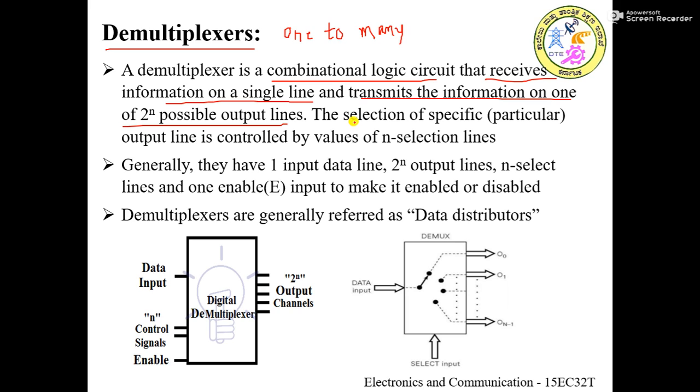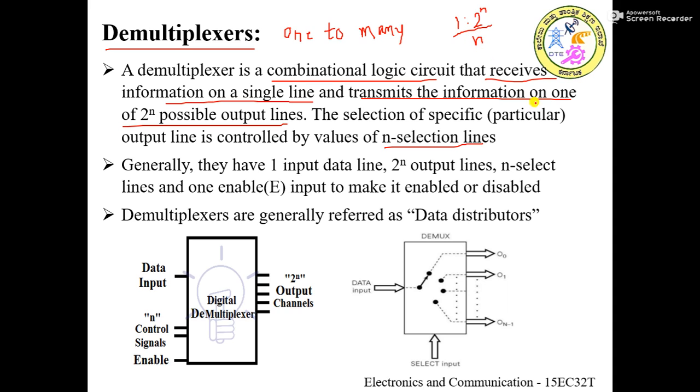So I can refer to this system as 1 to 2 to the power of n, that is, there will be one input line, 2 to the power of n output lines and n number of selection lines.